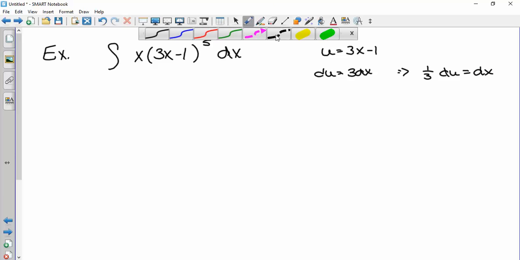So if you look, right now we have a substitution for the 3x minus 1. I have a substitution for my dx, but we have an issue. We still have an x here. When you do substitution, you have to get rid of everything with an x in it. So what am I going to do with just that plain x?